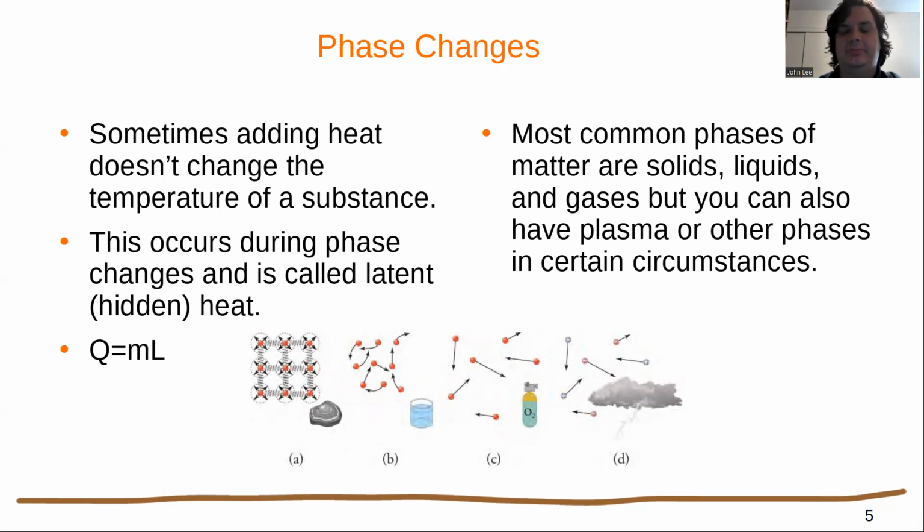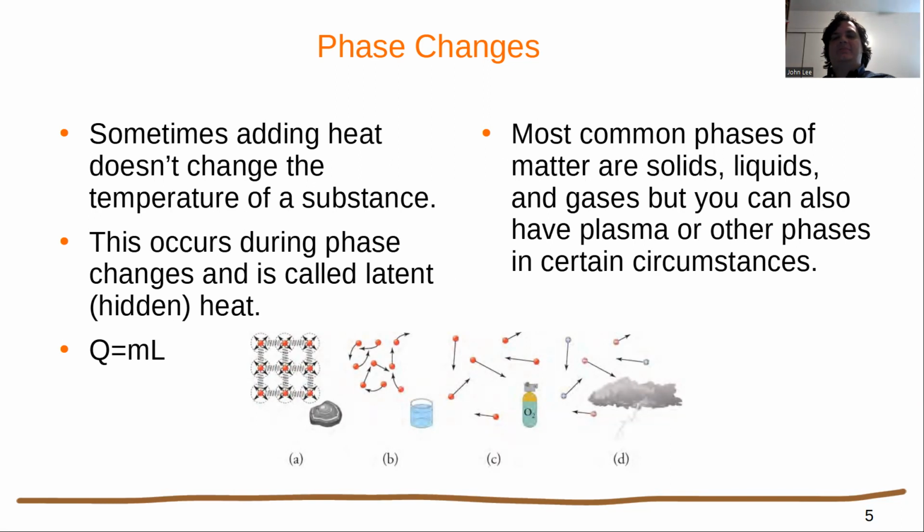So they're able to move wherever they want. They can expand, they can take up as much space as the container they're in, and they don't have a fixed shape. So they have the shape of the container they're in, but they can also take up as much volume as the container they're in.